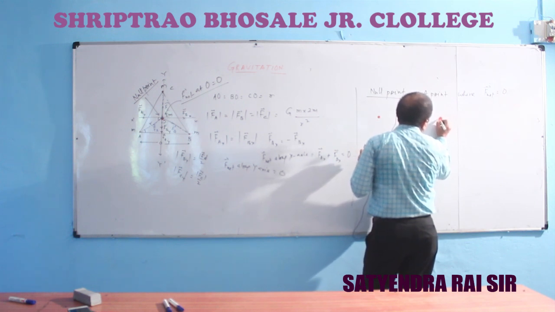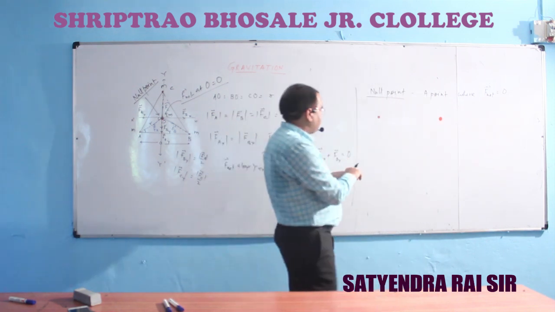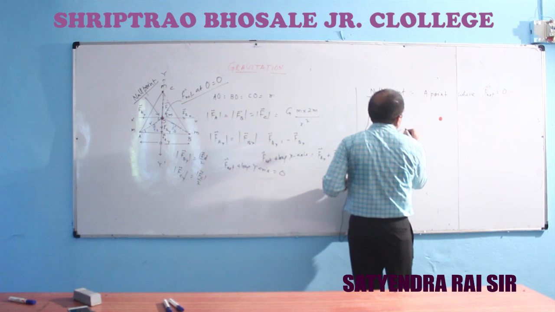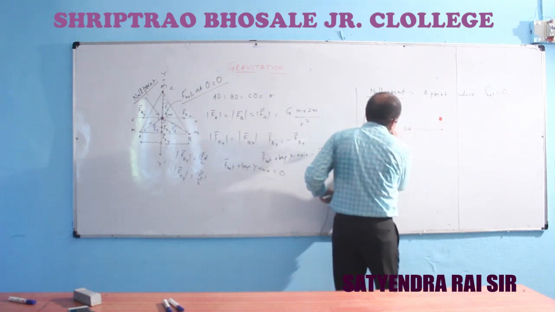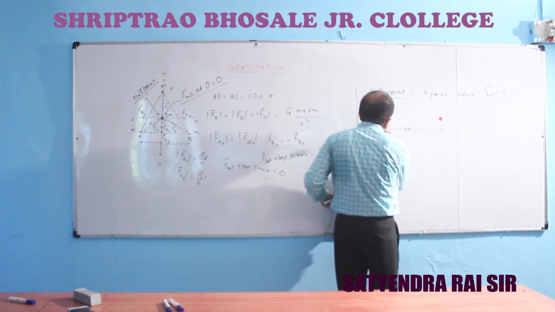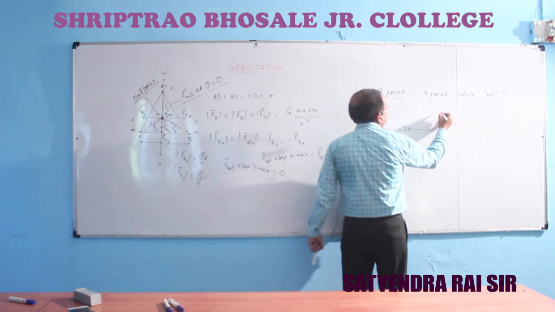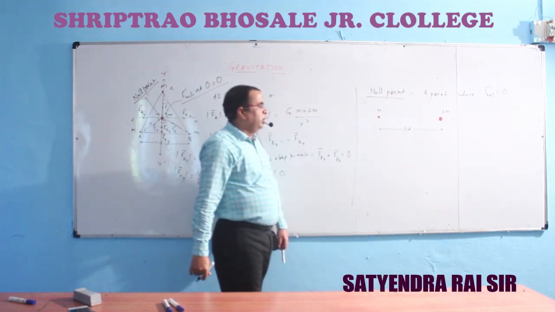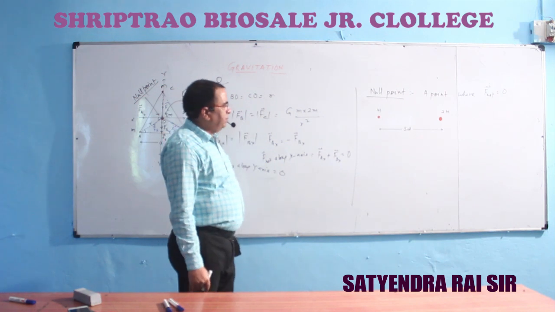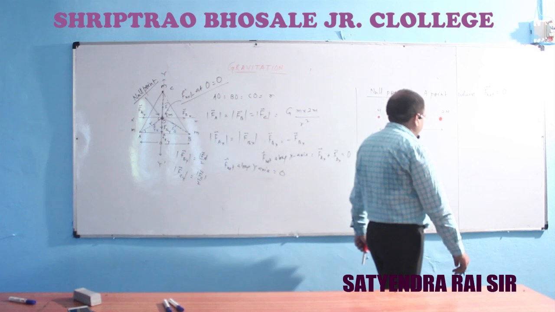They are separated by a distance 5d, whereas their masses are m and twice m. Right, they are separated by a distance 5d.